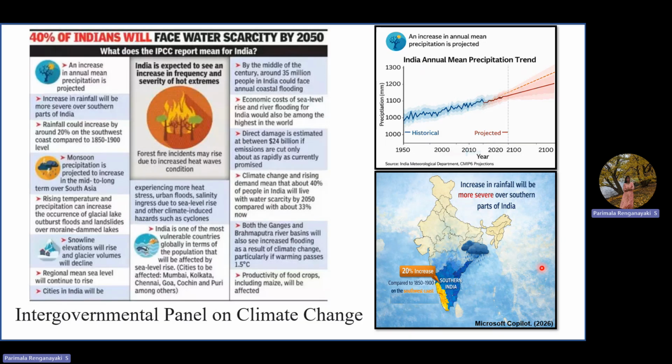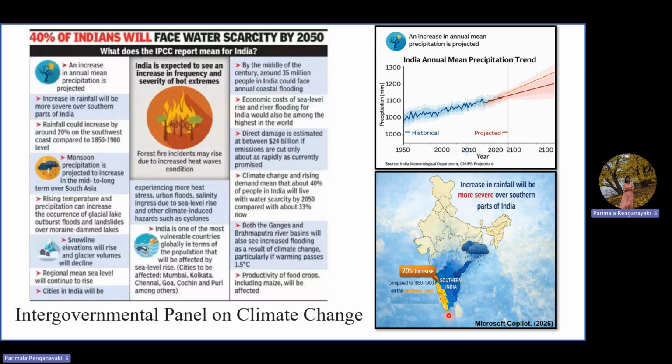And apart from this, in the southwestern part of India, a 20% increase in rainfall is expected in the southwest coastal part compared to the rainfall which occurred between 1850 and 1900. This is what is expected in this area.